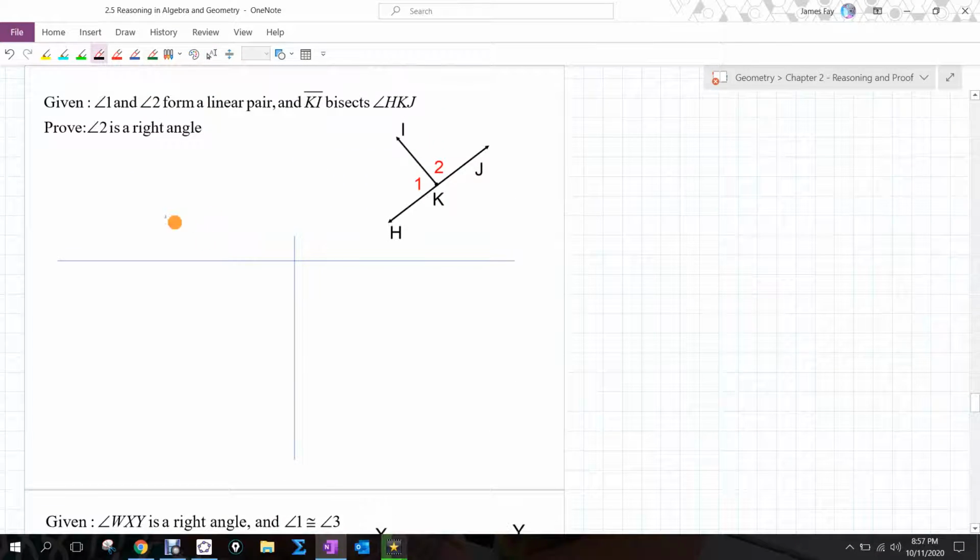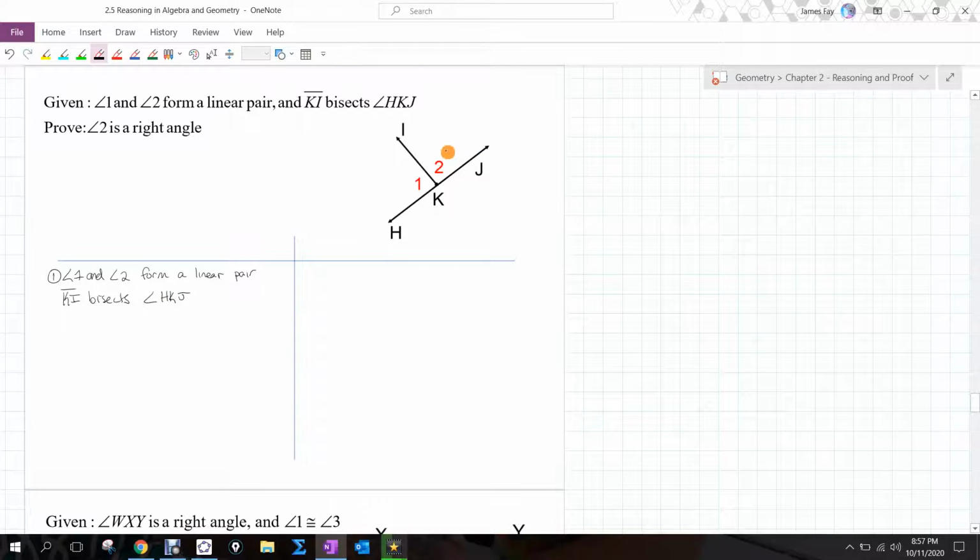Okay, so what I'm going to do is write down my given. So I say angle 1 and angle 2 form a linear pair, and it also says KI bisects angle HKJ.